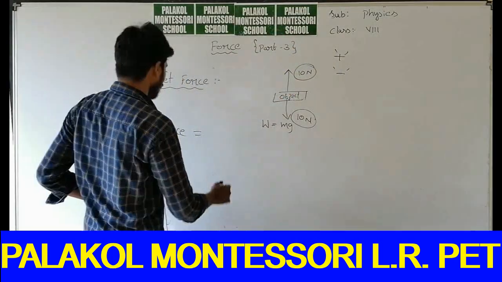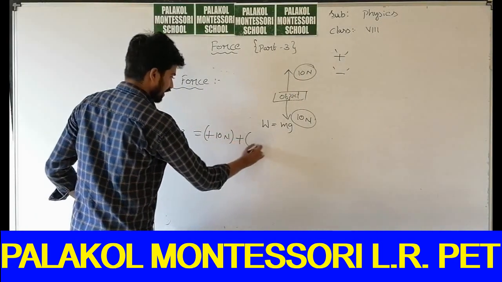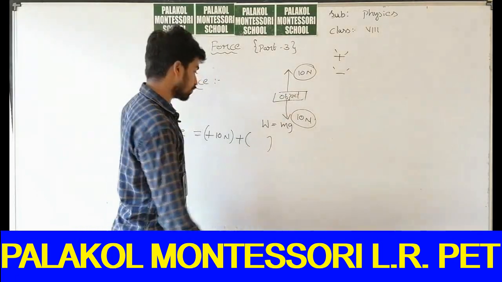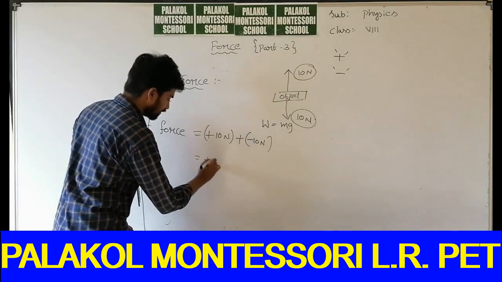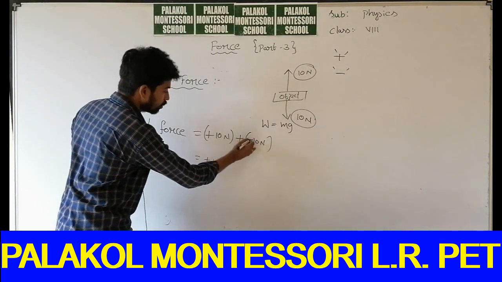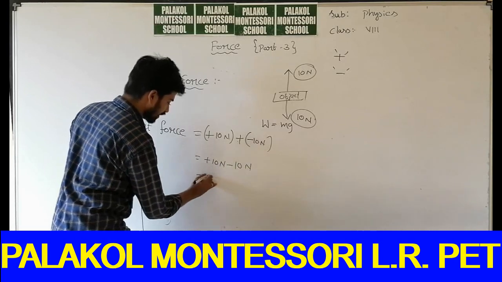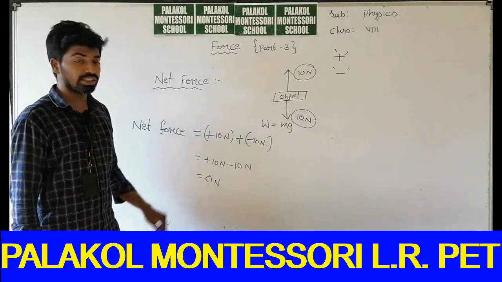So what is the force here? Plus 10 newtons. What is the second force? The downward direction we have taken as negative, so minus 10 newtons. Plus 10 newtons, minus 10 newtons, 10 minus 10, 0 newtons. So the total force acting on this object is 0 newtons.